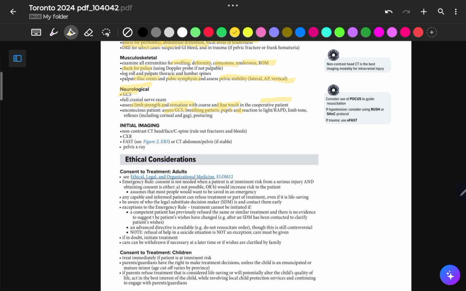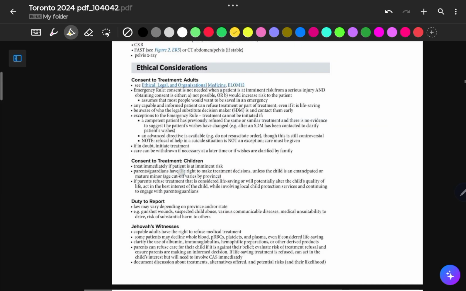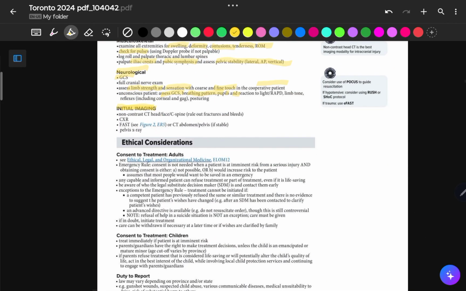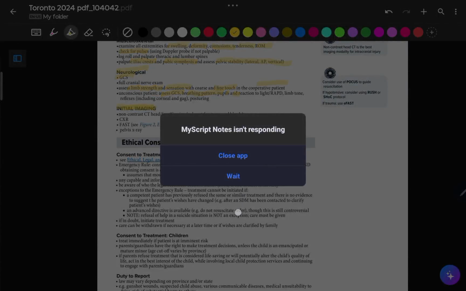Then if you've done your secondary survey and the patient is stable, you can start now with your imaging. So here you're going to send the patient for chest x-ray, pelvic x-ray, your EFAST, and your non-contrast CT scan.